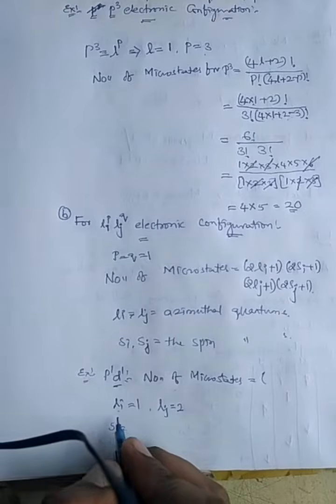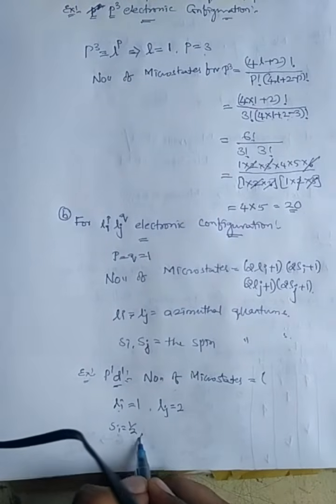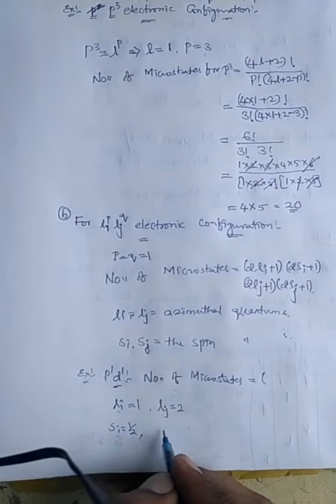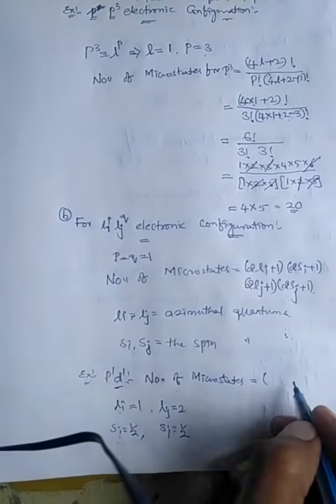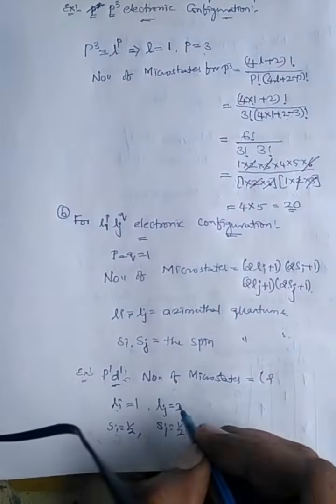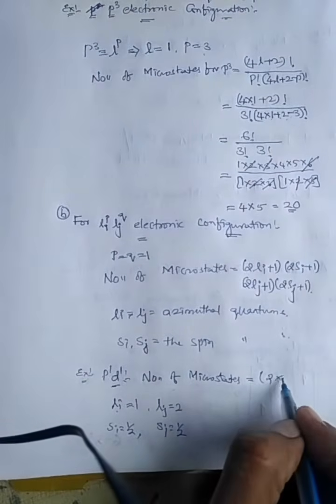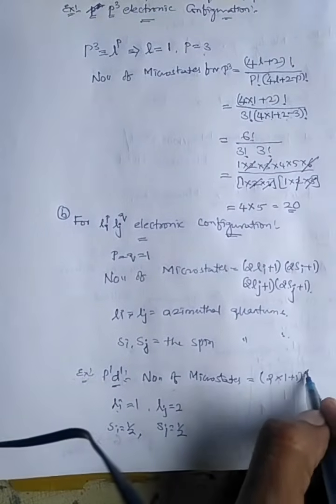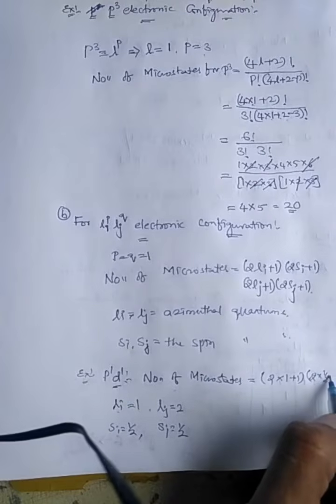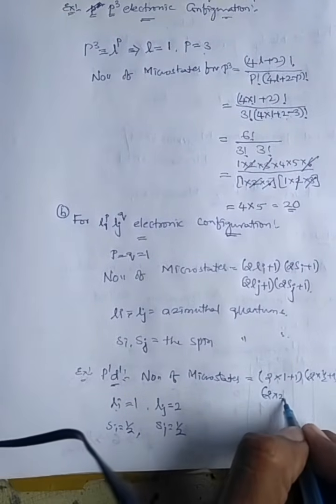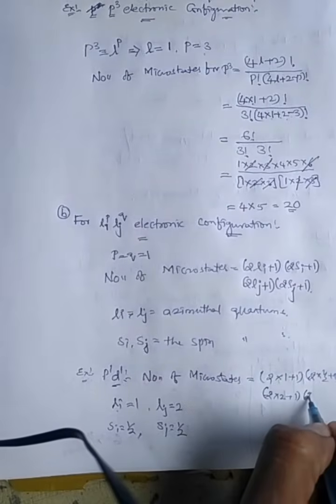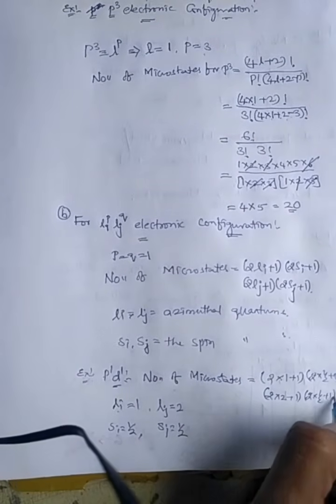Si value for the p1 electronic configuration is plus half. Similarly, Sj value for the second is also half. Substituting all this in the formula: (2 into 1 plus 1) multiplied by (2 into half plus 1) multiplied by (2 into 2 plus 1) multiplied by (2 into half plus 1), right?